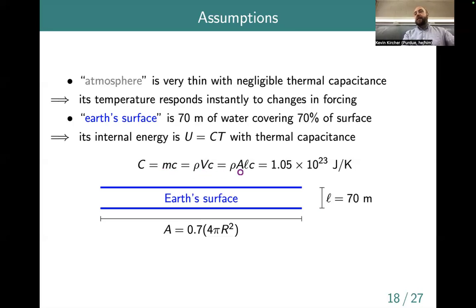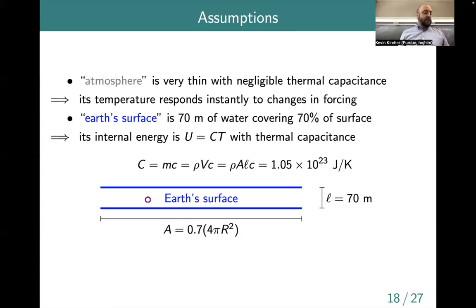And the volume we can write as the surface area of the Earth, which is related to the radius of the Earth like this, times the depth of the water that we're modeling. And so if you run all those numbers, you get about 1 times 10 to the 23 joules per Kelvin for the thermal capacitance of the Earth. And that would multiply by the temperature in Kelvin, and that would give us an energy number. That's basically the energy content of all this water.